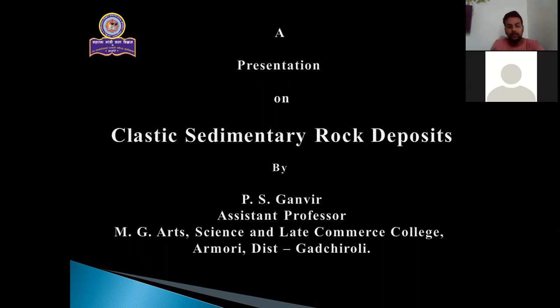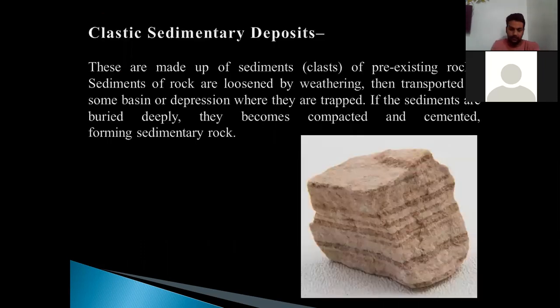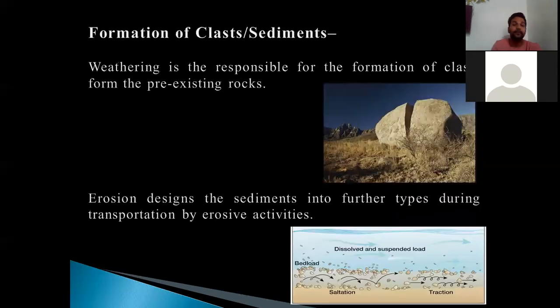Then we have seen the definition of the clastic sedimentary rock, how the sediments are formed and how they are transported and deposited. Then we have seen the formation of clast and sediment, where weathering and erosion are held to be the prime responsible factors, because without them you will never get the sediments of the pre-existing rocks.